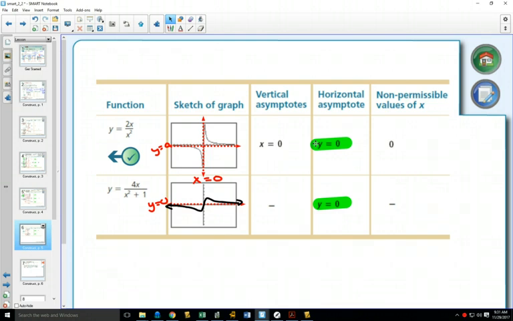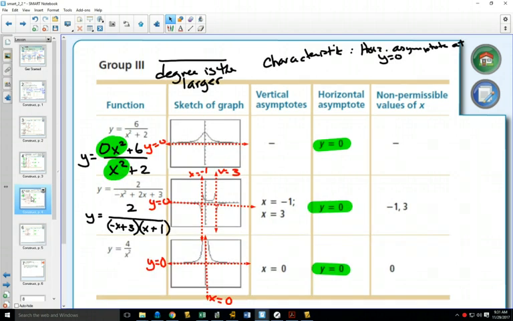And so sometimes it does happen that a graph can go through a horizontal asymptote in the middle. But never through a vertical, because a vertical asymptote represents a non-permissible value, whereas a horizontal asymptote represents the end behavior of a graph, what happens when the x values get big. And so this is group 3.